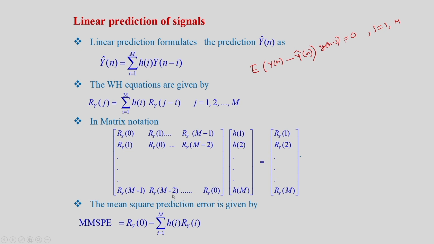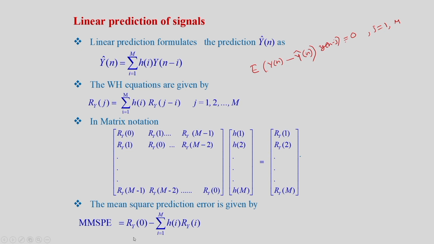This autocorrelation matrix has a very attractive property. It is symmetric and it is Toeplitz. For example, this sub diagonal will be the same, this diagonal will be the same, like that. This is a symmetric Toeplitz matrix into h vector is equal to Ry vector.